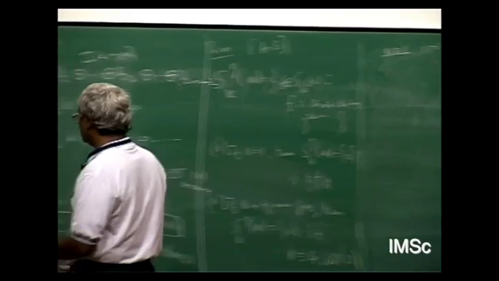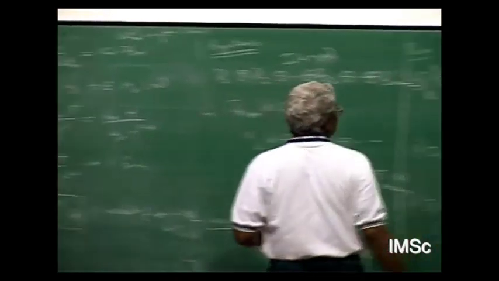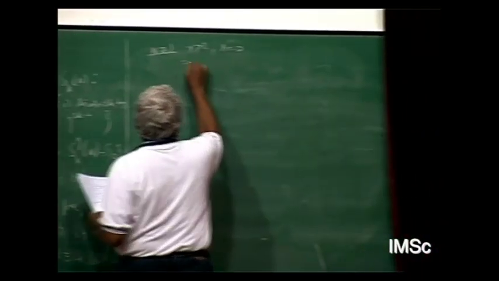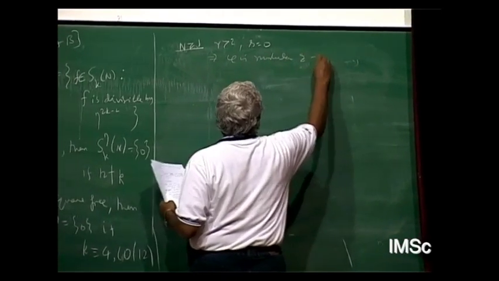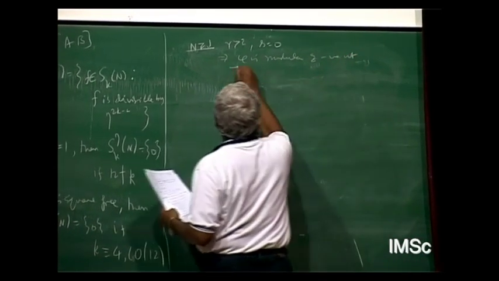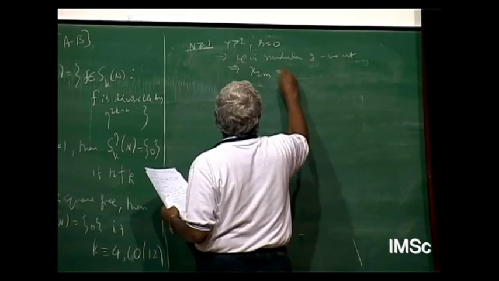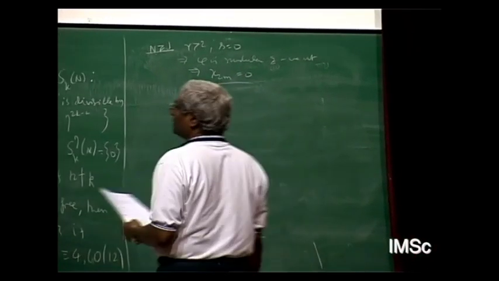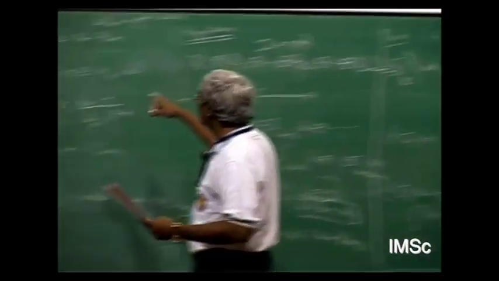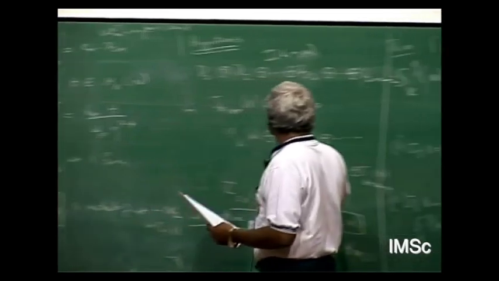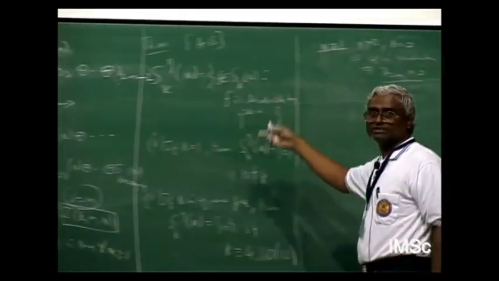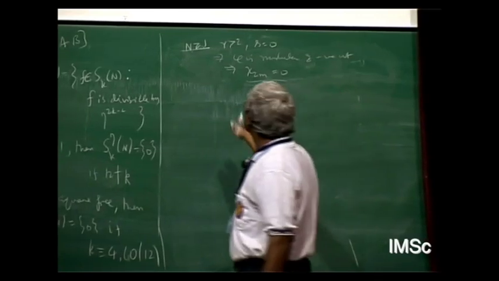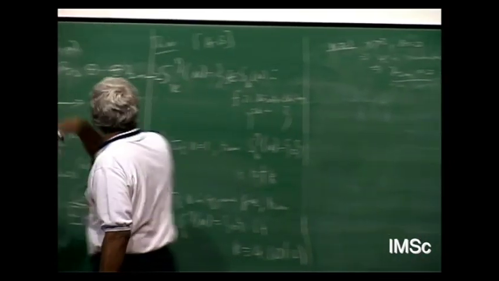Then this gives a contradiction, since this implies phi is modular of negative weight, implies chi 2m is 0. So therefore we get a contradiction, because that is the only vector which was non-zero. Therefore when chi 2m is also 0, the whole Jacobi form will become 0. Therefore that phi will become 0.